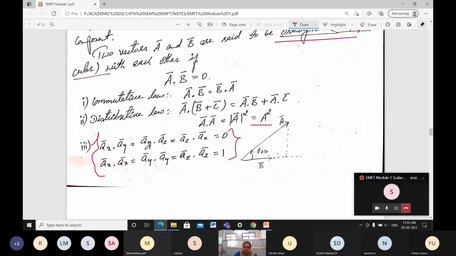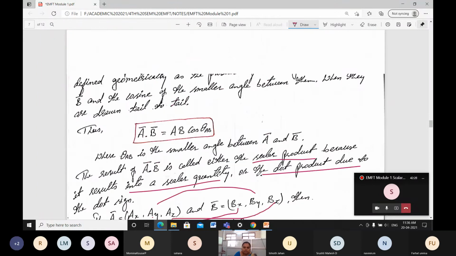For the unit vectors, Ax dot Ay, or Ay with Az, or Az with Ax, all are equal to 0. But when a unit vector is multiplied with itself, Ax dot Ax, or Ay with Ay, Az with Az, it is equal to 1. Here is a small representation of our dot product.